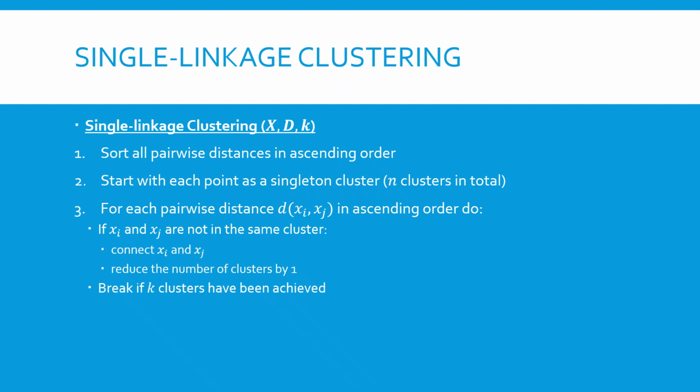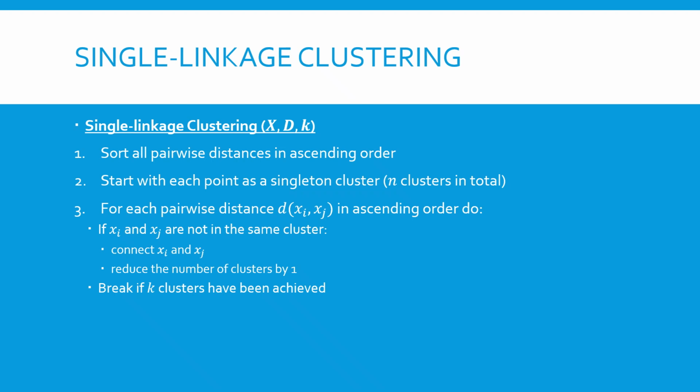We start with each point as its own cluster. At every step, we look at all pairwise distances and choose the smallest distance between 2 points or clusters that are not yet connected. When 2 points or clusters are merged, we treat the result as a single cluster for all future steps.